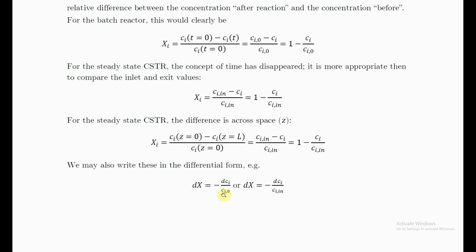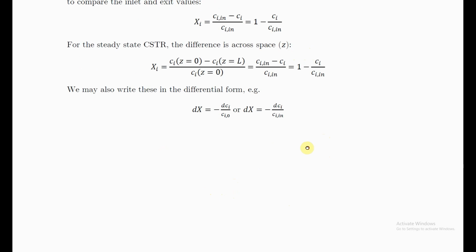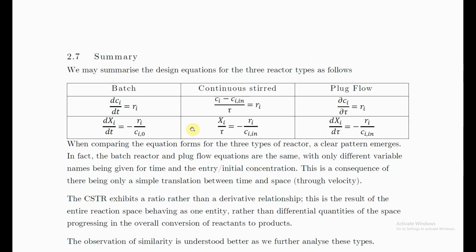So then dX equals minus dCi divided by Ci0. And in terms of inlet flows instead, the similar thing: dX equals minus dCi over Ci in. Right, so now that we have those definitions for conversion, then we can say this.